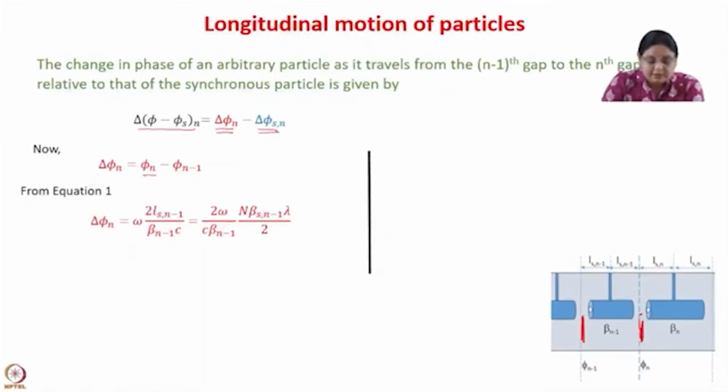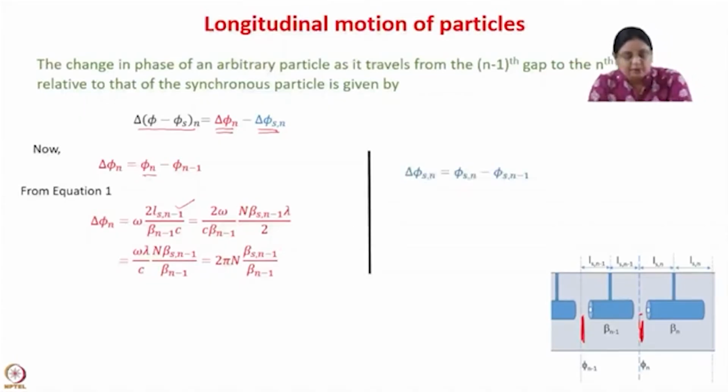So we can put in the values of ls n minus 1. We get this is equal to n beta s n minus 1 lambda by 2. Simplifying this further, we get this as equal to 2 pi n beta s n minus 1 by beta n minus 1. Now the second term we can again simplify.